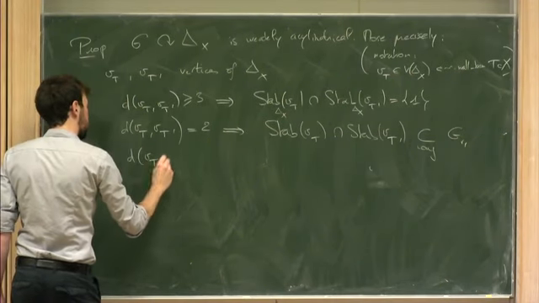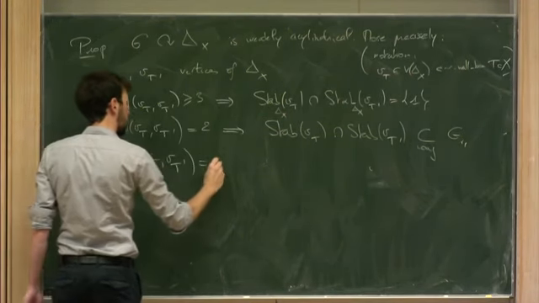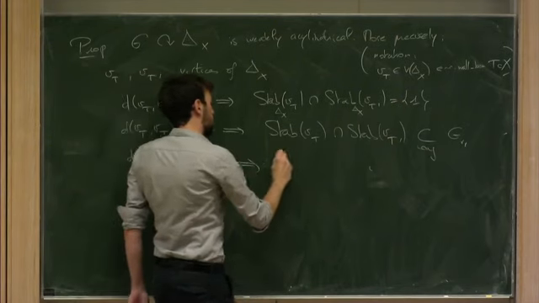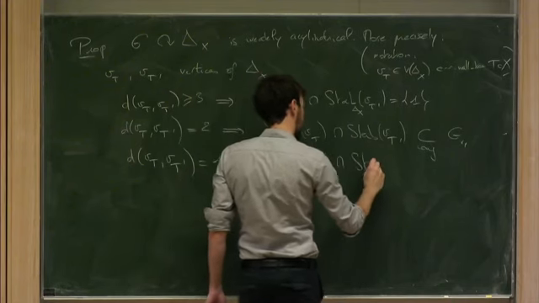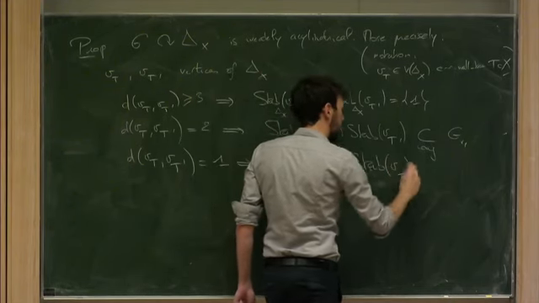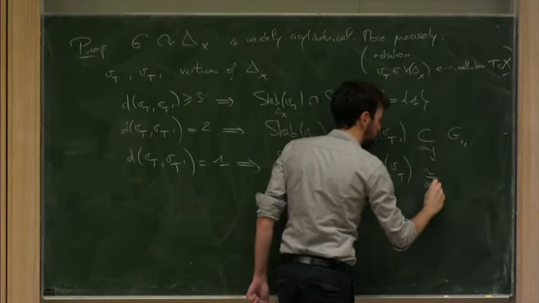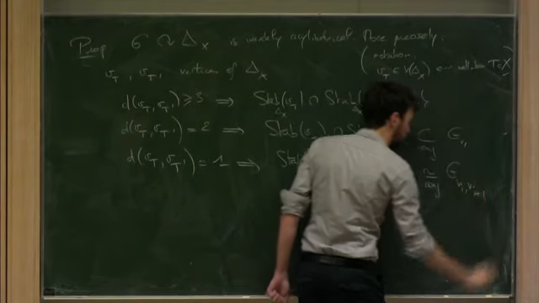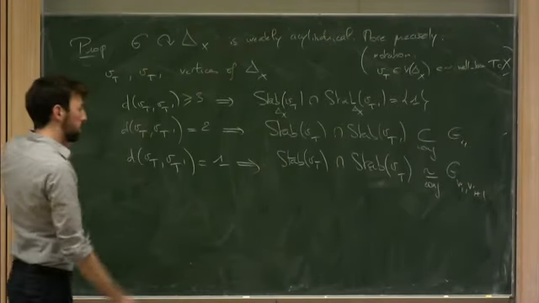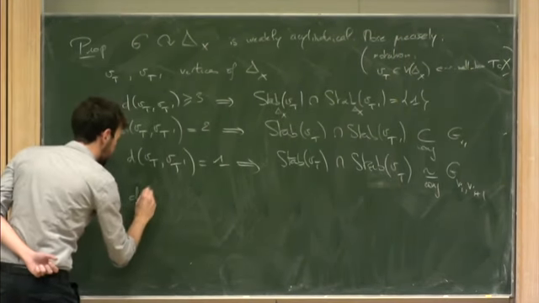If they are at distance exactly 1, then their stabilizers intersect exactly, up to conjugation, in something of the form G_{v_{i+1}}. And well, if they are at distance 0, let's still do it.